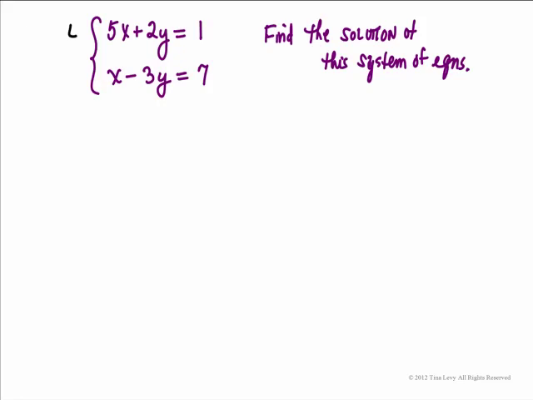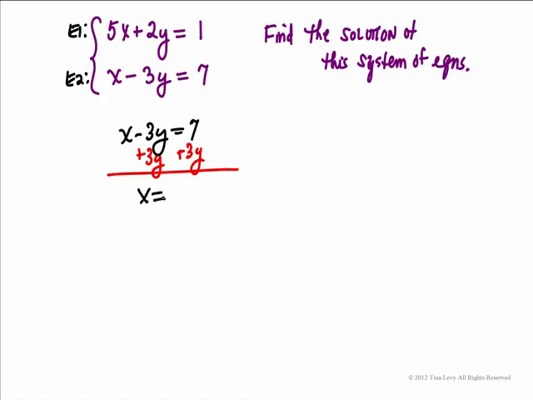Let me call this equation 1 and equation 2. So my second equation, x minus 3y is 7. I'm going to convert that to an x equal equation. Adding 3y to both sides, I have now made that the equation x is, and I always put the y term first, 3y plus 7.